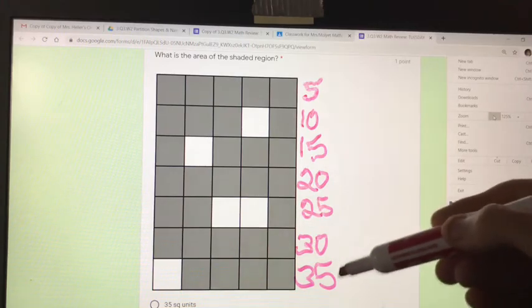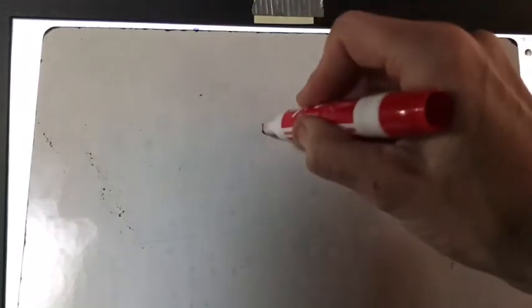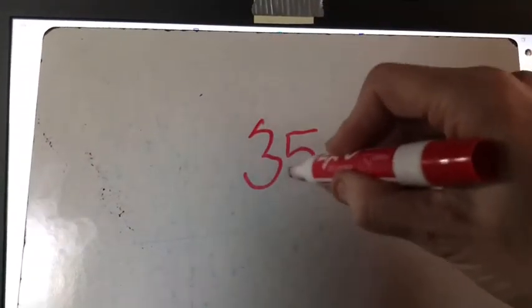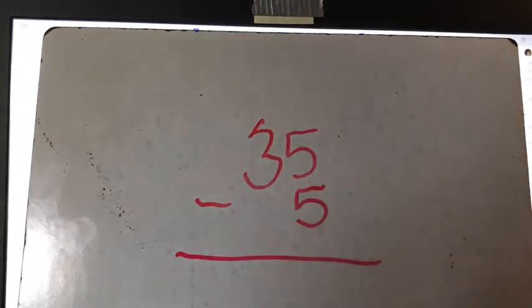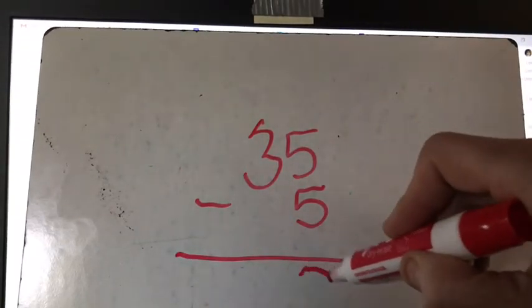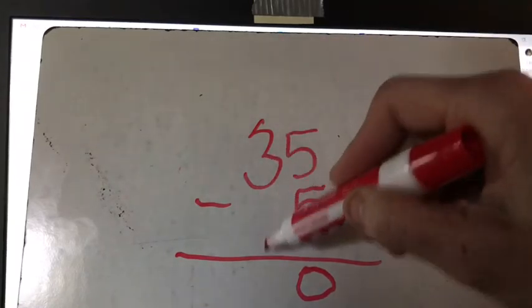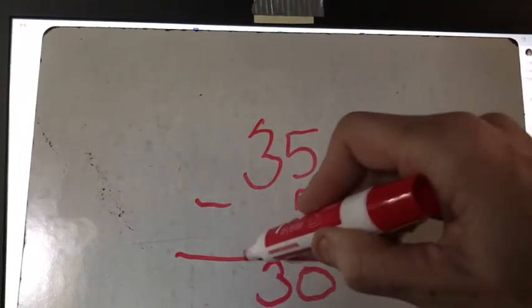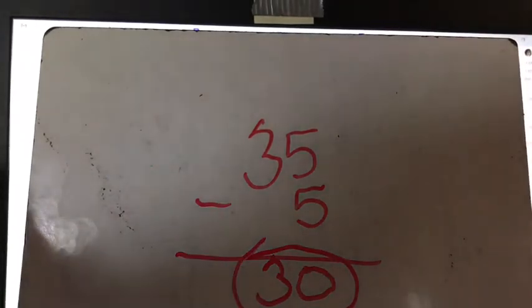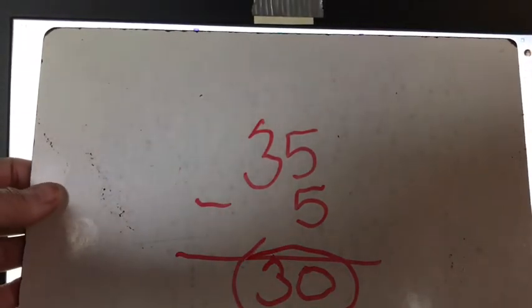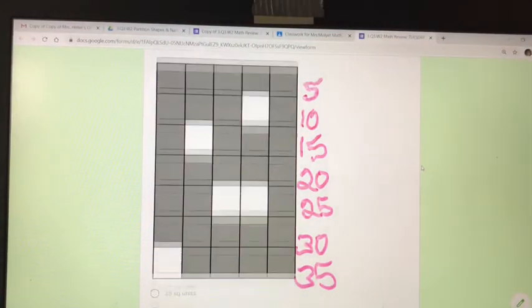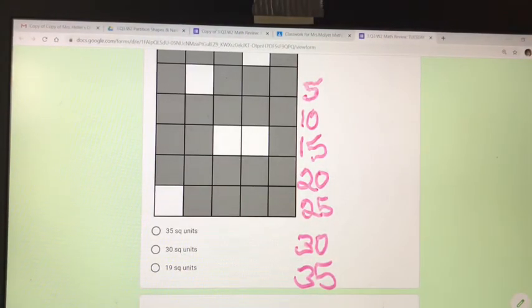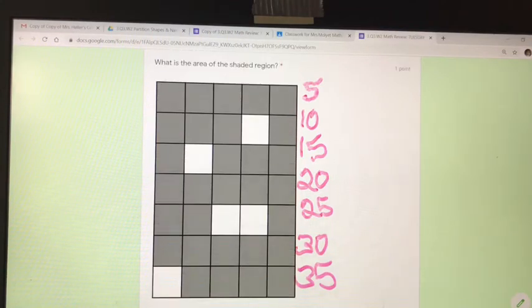So I'm going to take my 35 total area, and I'm going to minus 5 for the ones that are missing. 5 minus 5 is 0, and 3 minus nothing is 3. So my total area will be the 30 square units there. Let's look if that's a choice. As I go down, I do see 30 square units is the correct answer.